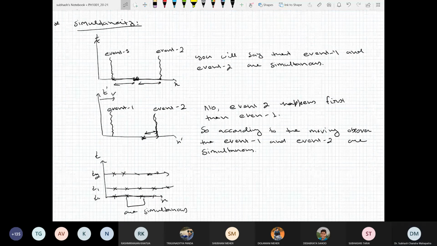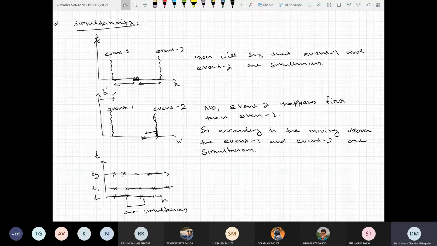Now imagine you are moving with velocity v towards the second event. You are analyzing the same situation, but now you are moving towards the positive x-axis. What will you observe?